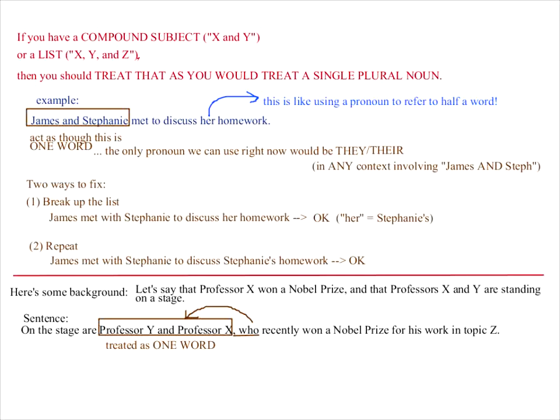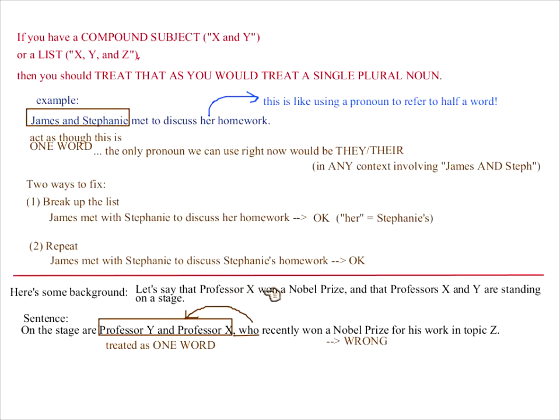Does anybody know how you could fix this? In the text box, if you've got any fancy ideas for how to fix it, and still keep it as one sentence, then go ahead and type. "Both of whom" doesn't work because that's incorrect. The context is that Professor X won a Nobel Prize, and you must preserve this context.